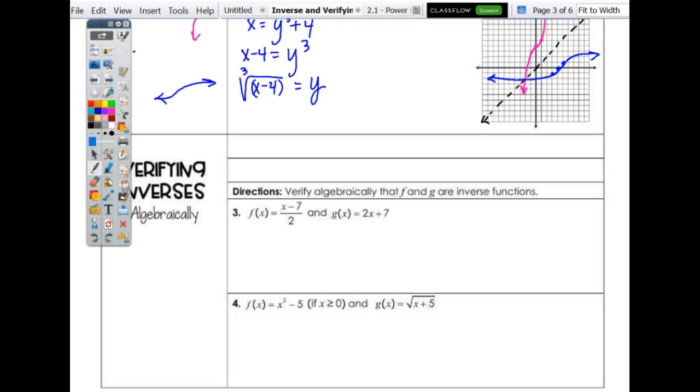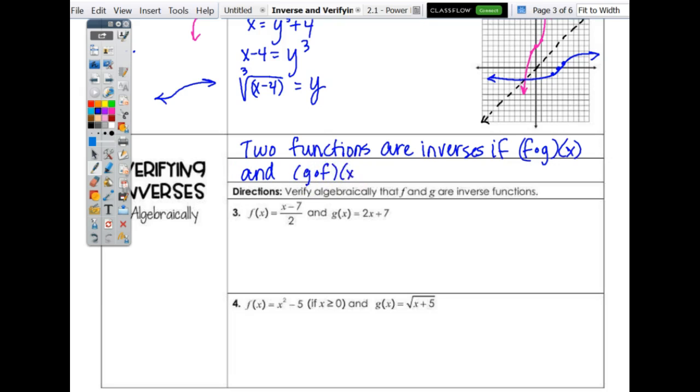All right. So to verify algebraically, this is how this works.